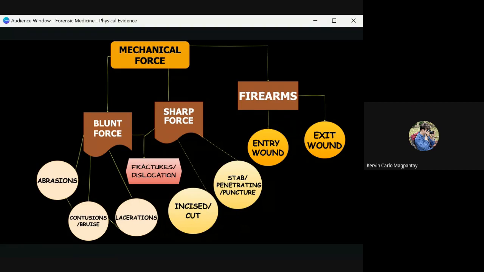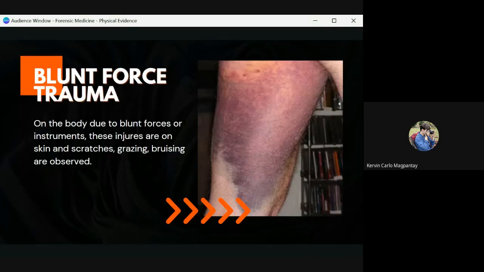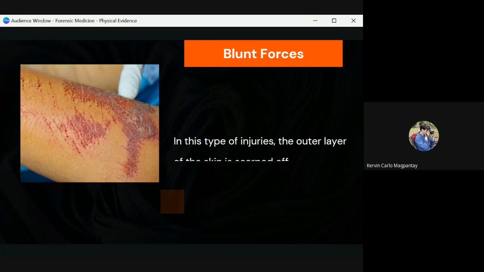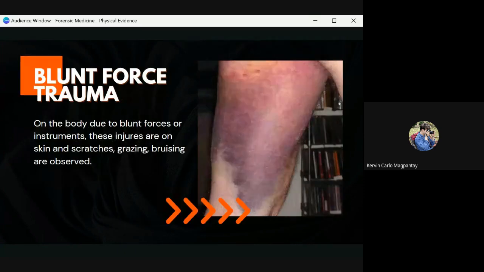For blunt force trauma, on the body due to blunt forces or instruments, these injuries are on the skin, and scratches, grazing, bruising are observed. First type of mechanical force is the blunt force trauma.